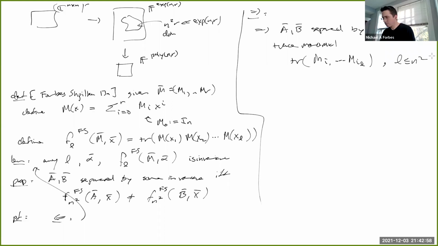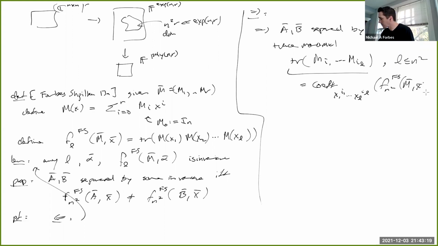But what is this trace monomial? This trace monomial is equal to the coefficient of x1 to the i1 through xL to the iL in the polynomial f sub n squared in x.